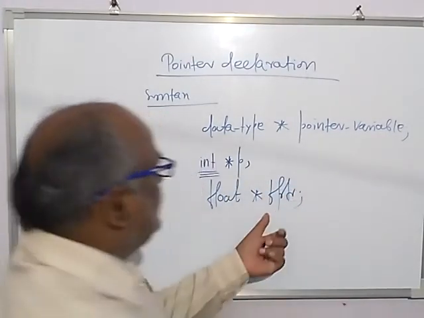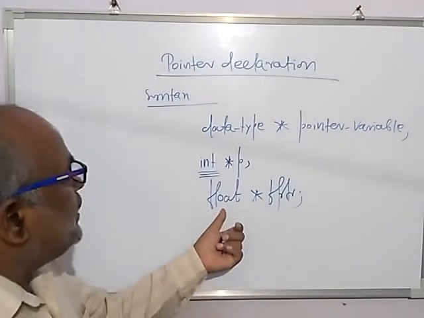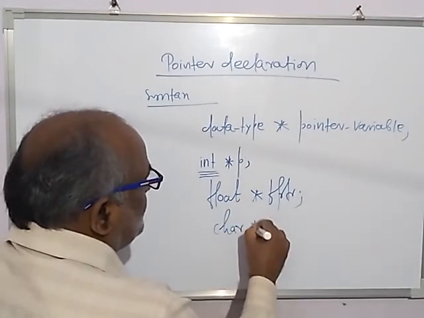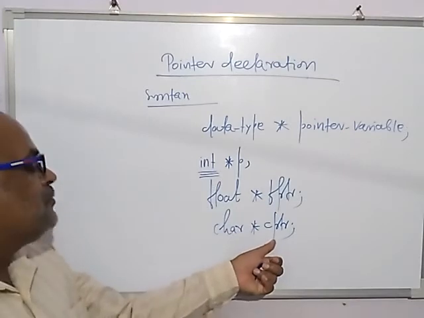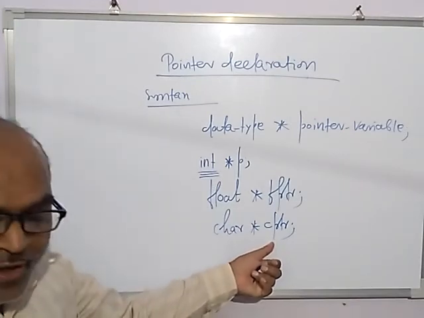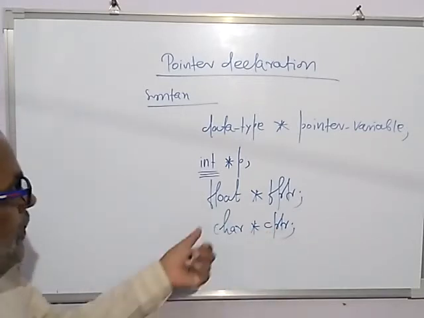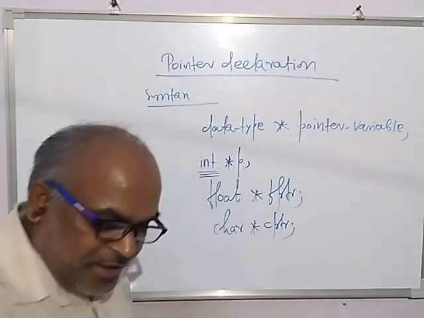So fptr is a pointer which can hold the address of floating point data. Similarly, char star cptr. cptr is a character type pointer. What does it mean? It can hold the address of a character type variable. So these are the pointer declarations.